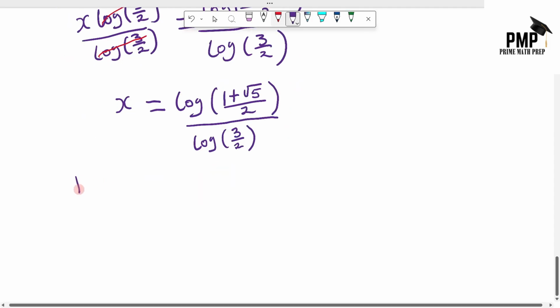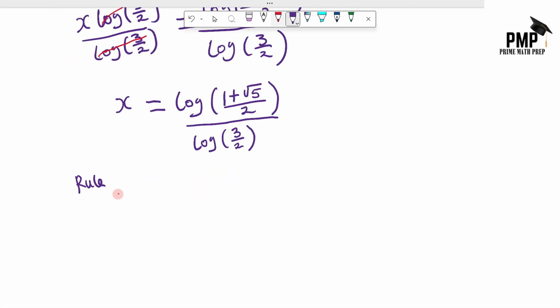Another rule of logarithm says when you have a log a divided by b, we can express it as log a minus log b.